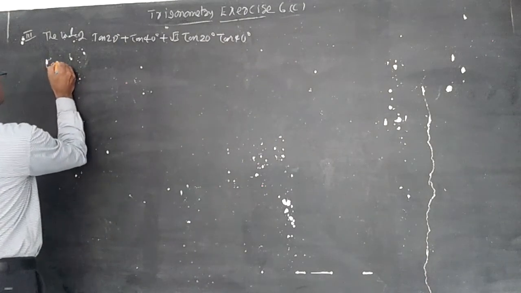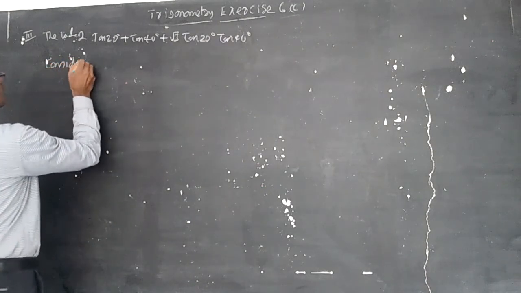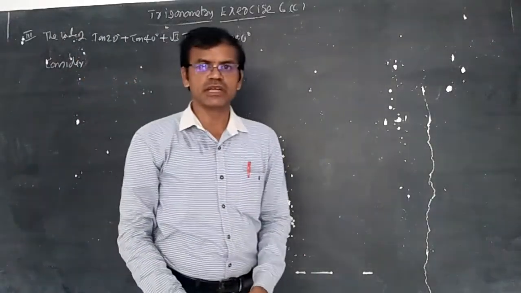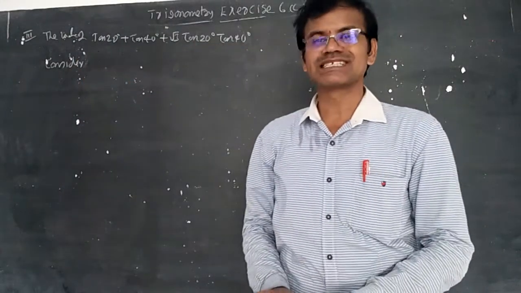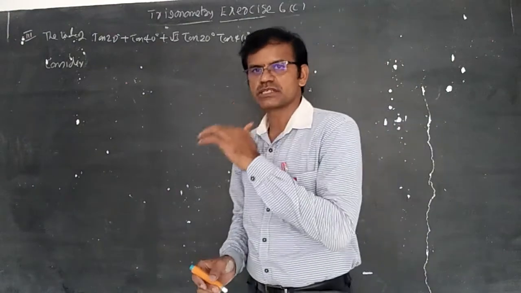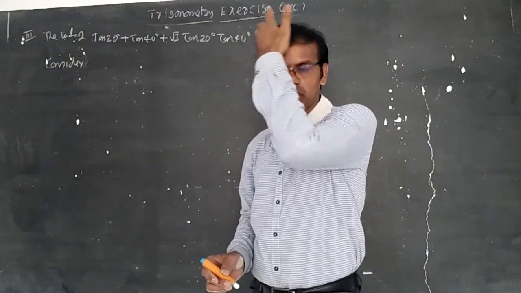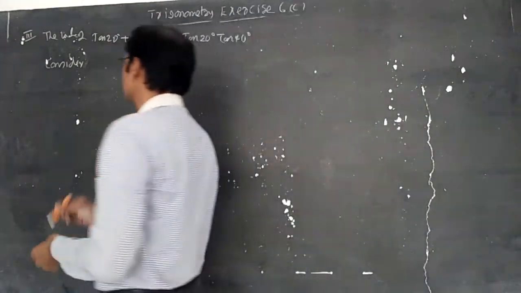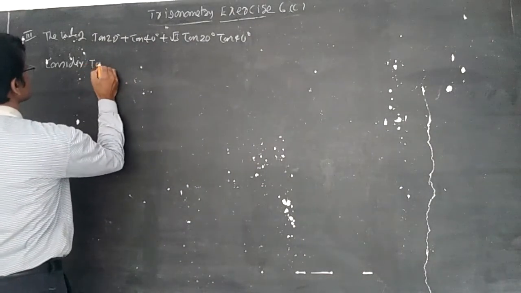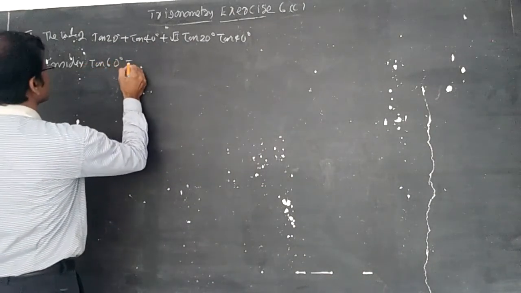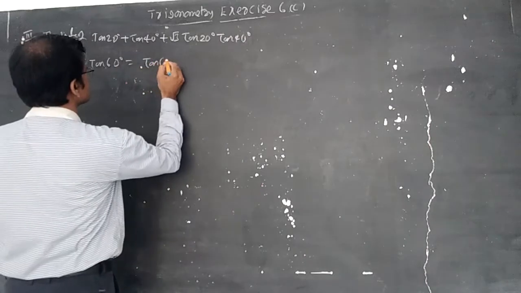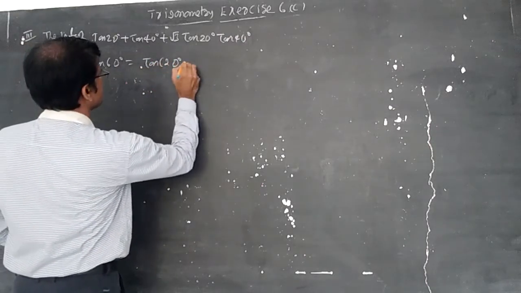Now consider, by observing here, 20 degrees plus 40 degrees becomes 60 degrees. So consider tan 60 and write the form of tan 20 plus 40, tan A plus tan B, apply. Same questions you will face in objective level 1 for students.